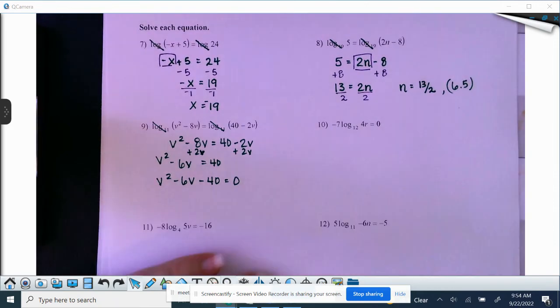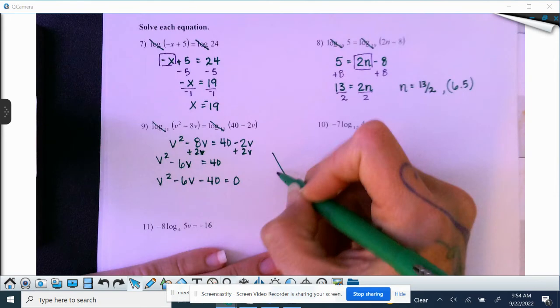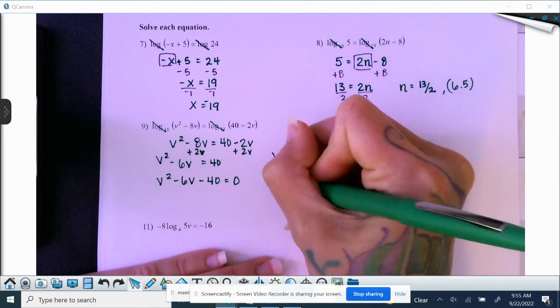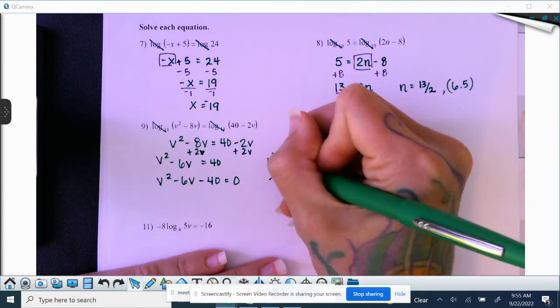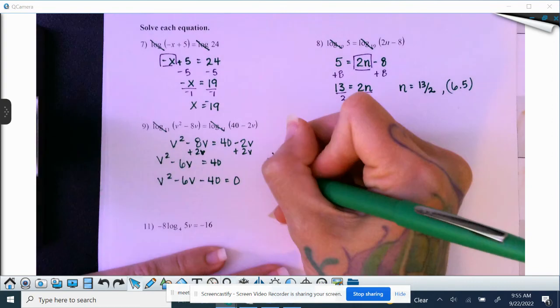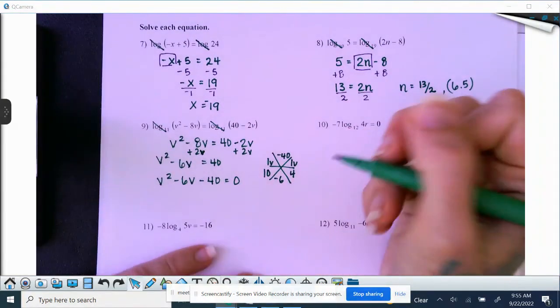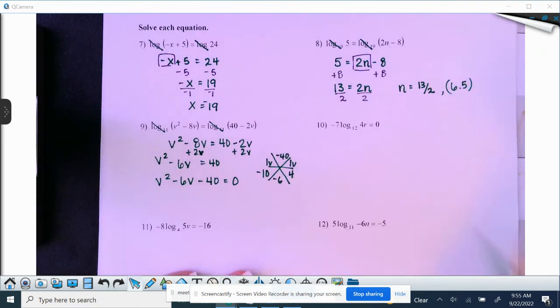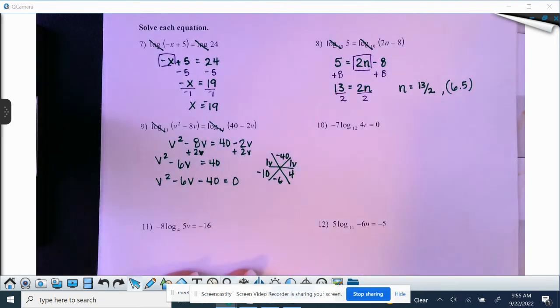For factoring, if you want to use the big star, or the little star, whatever you normally use: negative 40 on top, negative 6 on the bottom, 1v, 1v. I'm going to use 4 and 10 from 40 to give me 6. I need a negative 6 and a negative 40, so that means my b value is negative, so the largest of the two definitely has to be negative.